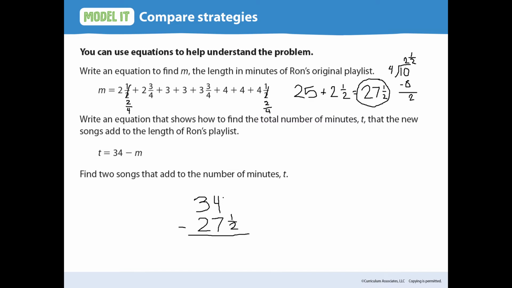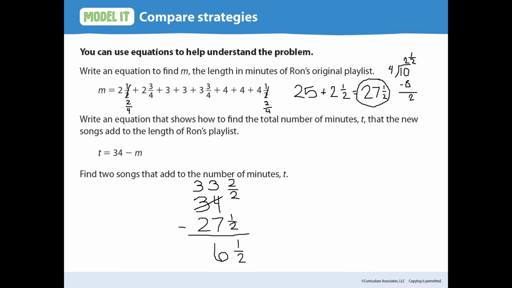So I'm going to take this 34 and I'm going to take 1 away from that and make that 33. And the 1 that I took away, I'm going to convert into a fraction, which is going to be 2/2. And so when I subtract, I get 1/2 there, and then I get 6 right here.